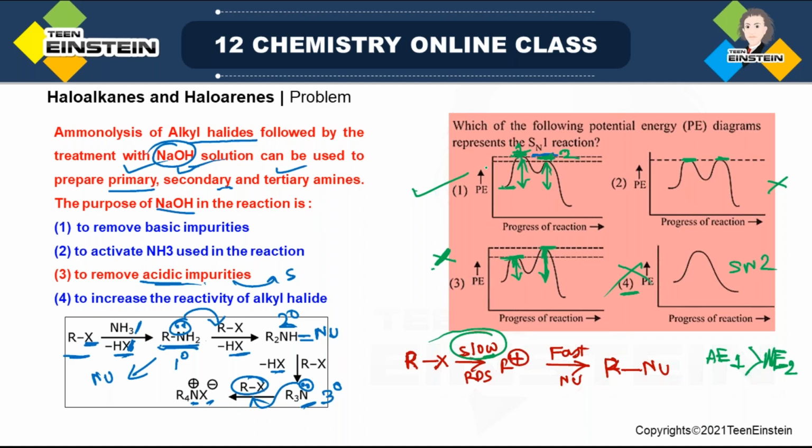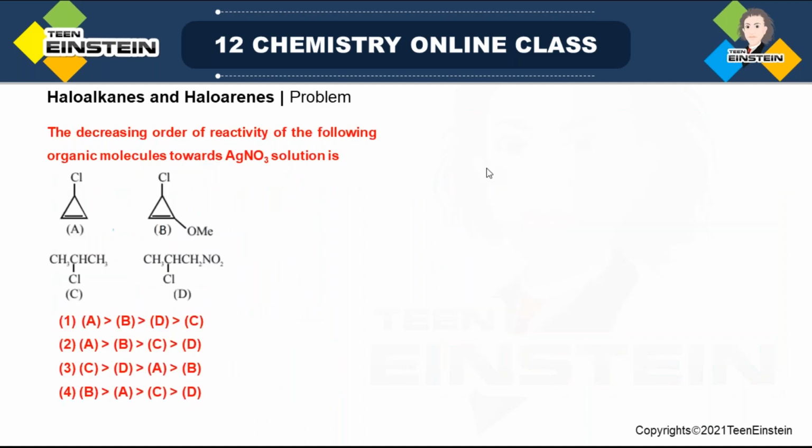The second problem. The decreasing order of reactivity of the following organic molecules towards AgNO3. Now we are discussing this problem after finishing SN1, SN2.